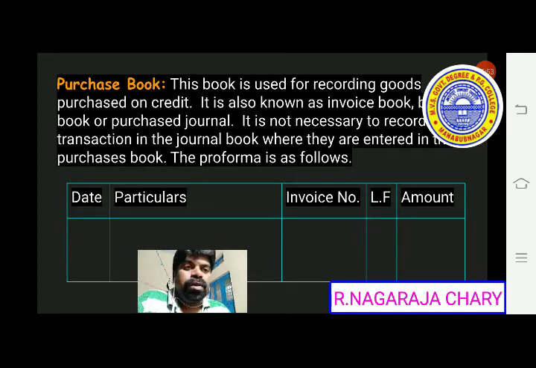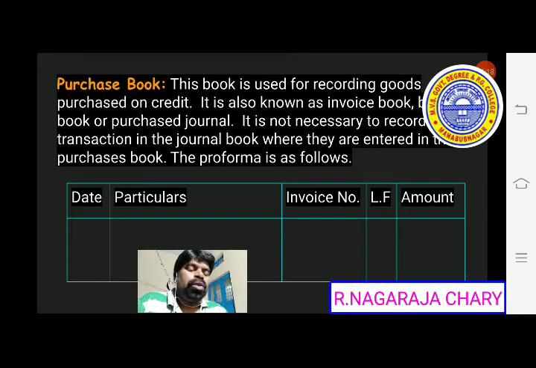How much amount we purchased. Let us take an example: from XYZ company we purchased, PQR company we purchased, Ramu company we purchased, Somu company we purchased. So from different companies we may purchase materials, and all the different company information is to be recorded here.